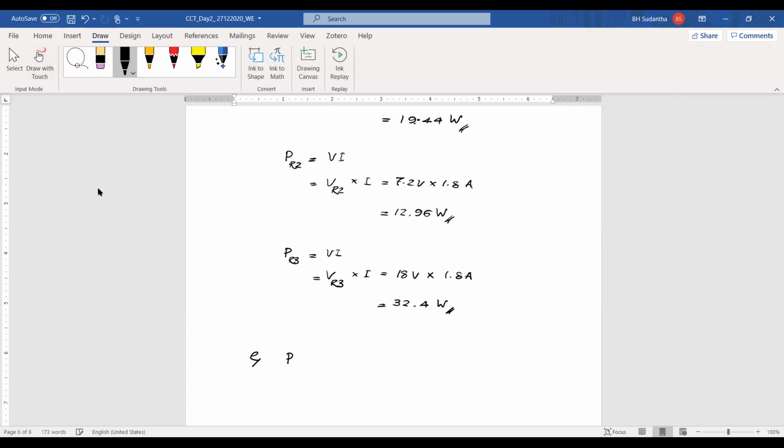Power total: actually, the power dissipated by the battery is 36 volts into 1.8 ampere. 36 volts into 1.8 ampere is 64.8 watts.